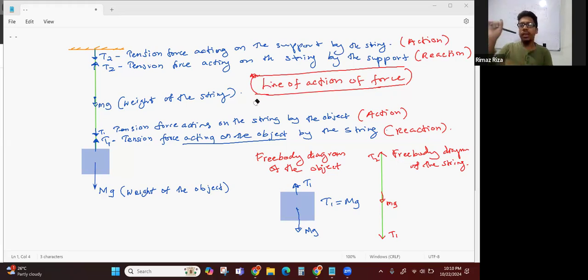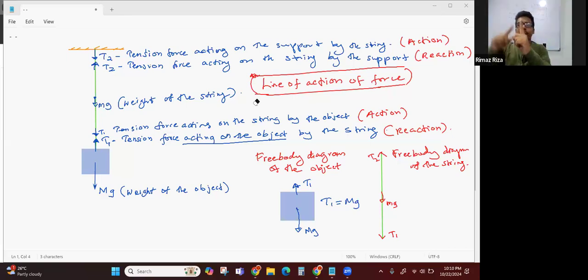Write it as a small side note, not in the main note. Okay sir. So write for line of action of force: the straight line drawn in the direction of the force, the extended straight line.